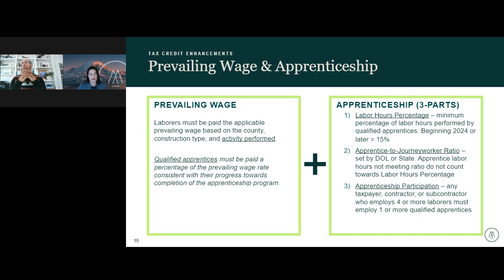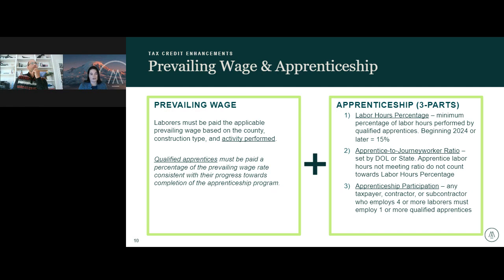Related to that requirement, there is the apprentice to journey worker ratio. So in order for your apprentices to qualify towards that labor hours percentage, they have to be enrolled in a registered apprenticeship program. And part of that registered apprenticeship program is it's going to define the acceptable apprentice to journey worker ratio. There are also standards set by the Department of Labor and state, and those standards would need to be met for your program to be approved.